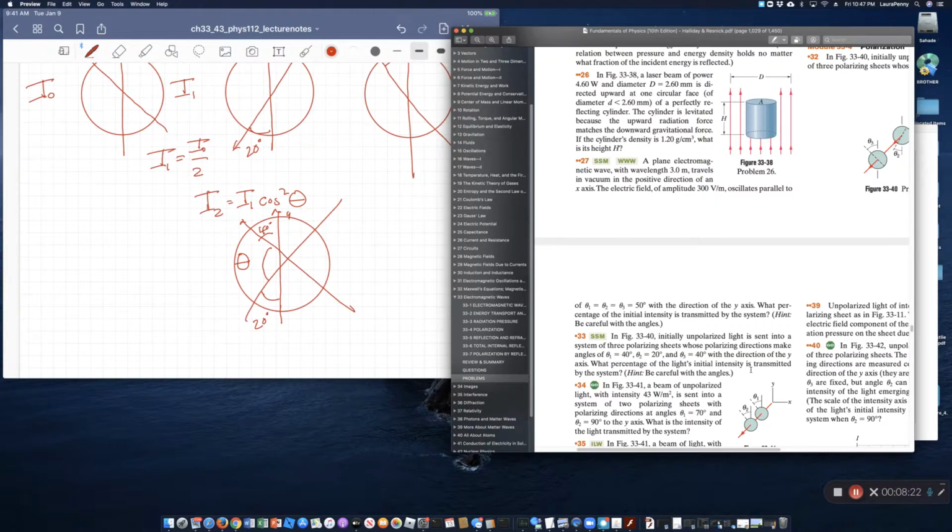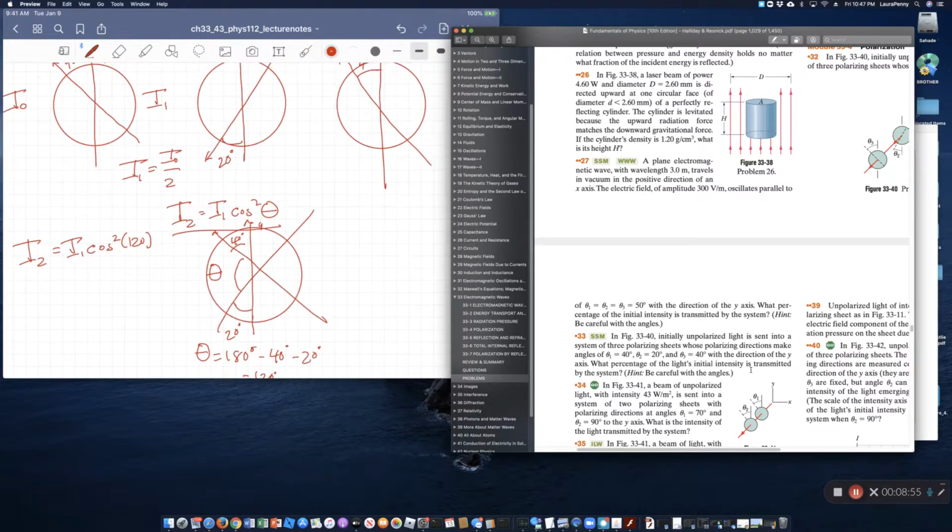Well, this whole line, that's 180. So our theta here is 180 degrees minus 40 degrees minus 20 degrees. So that's 120 degrees. And so that would be what we put into this equation. So we'd say I2 is I1 cosine squared of 120.